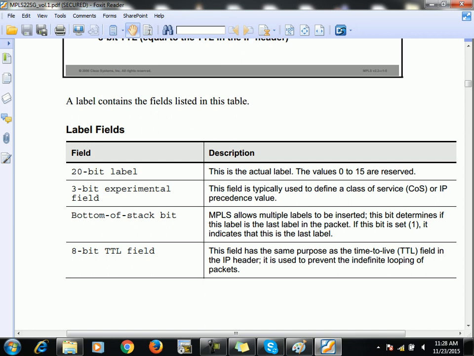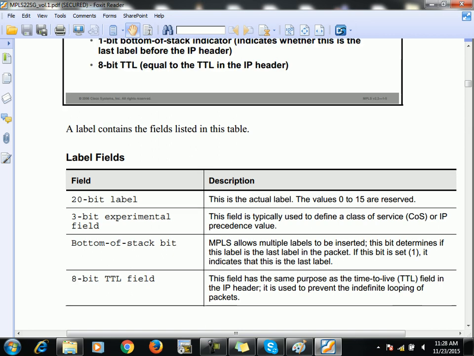If it is 0, which means some more labels are there.